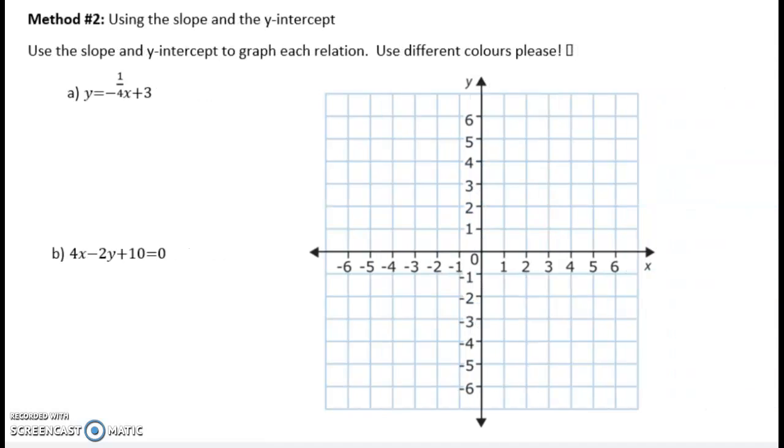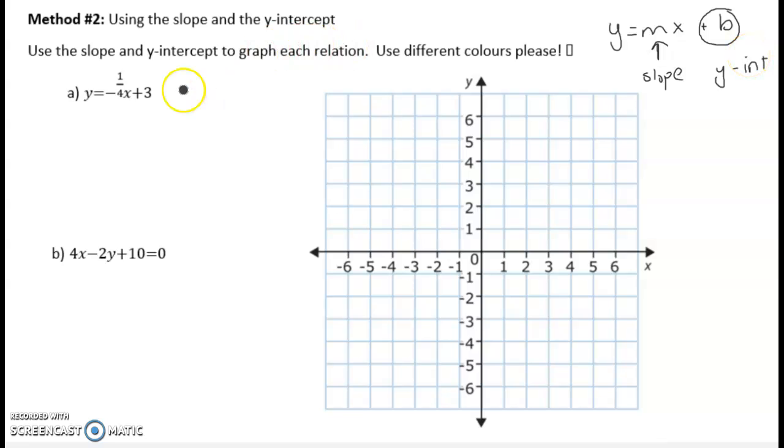So method 2 was slope y-intercept method. Okay, so this is when we have to figure everything out. So remember our formula. Y equals mx plus b. M is your slope, and b is your y-intercept.